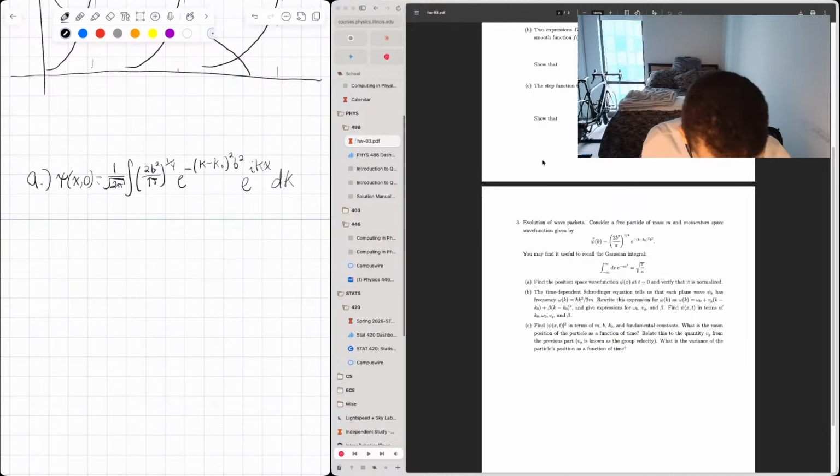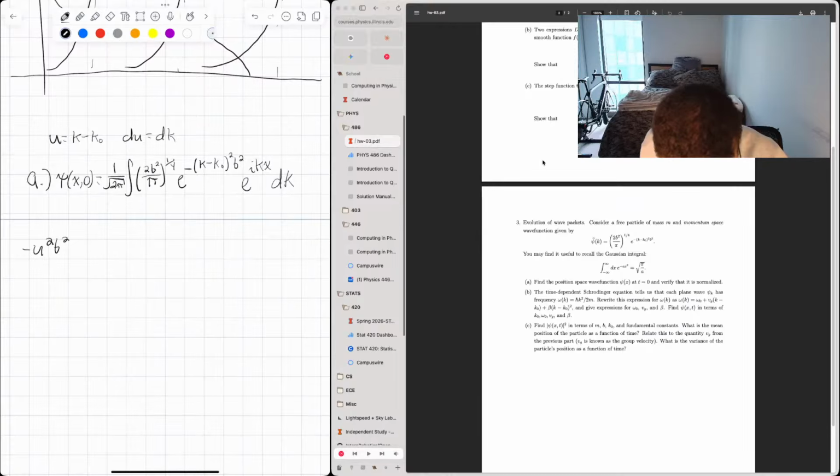Okay. So we need to convert this into, so we're going to use a u substitution. We're going to say u equals k minus k naught, du equals dk. We're saying minus u squared b squared. What is k equal? K equals u plus k naught.